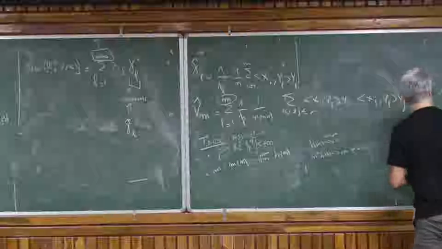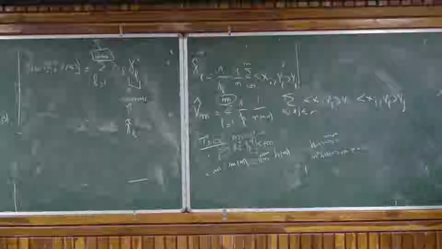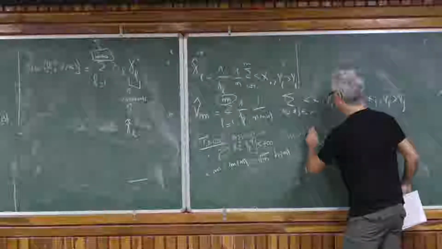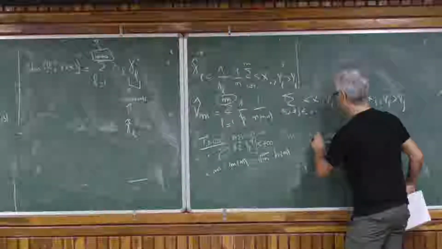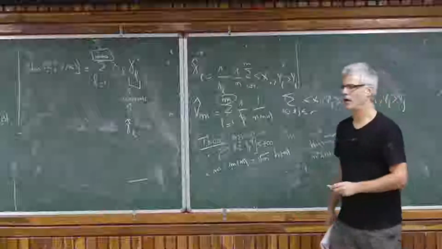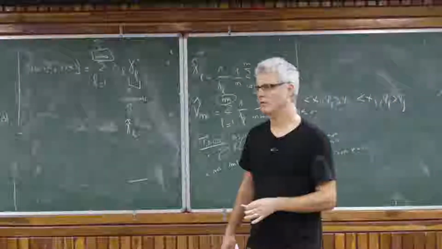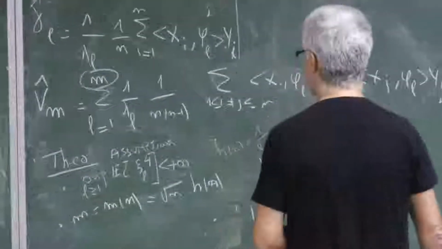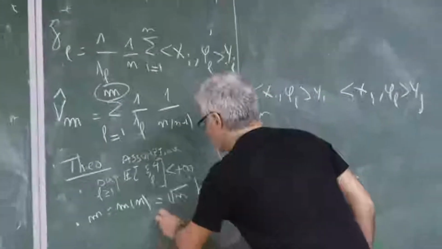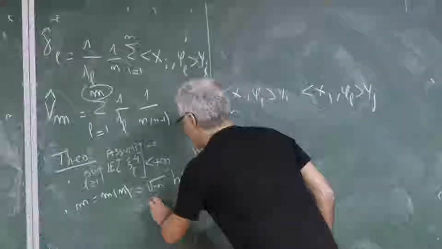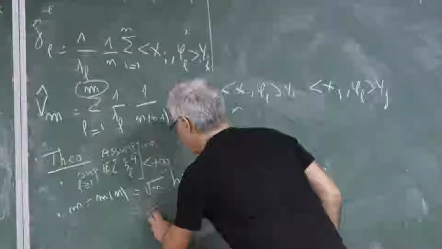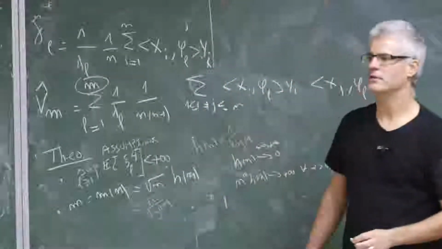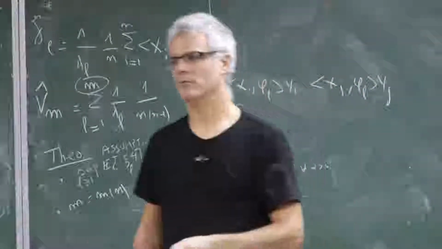For example, if you take hn equal 1 over log n, it's okay. The good way of thinking is that you can take mn equal square root of n. If you take this level of truncation, it will work.